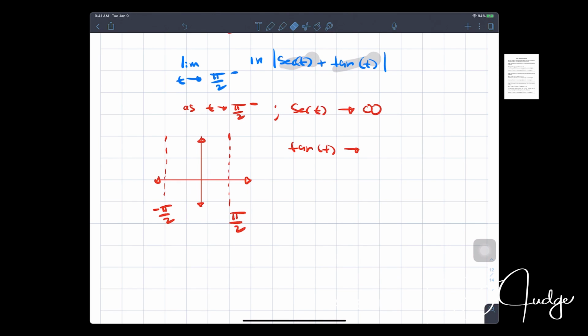Sorry about that. Maybe it's closer to something like this. We should have been a little more careful, but it doesn't matter. Here's your tangent curve, and if you go to pi over 2 again from the left side, the y-coordinate values also go to infinity.